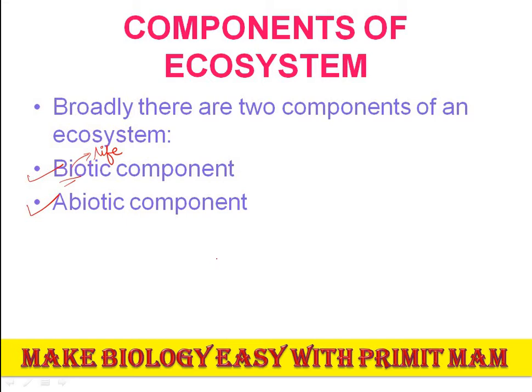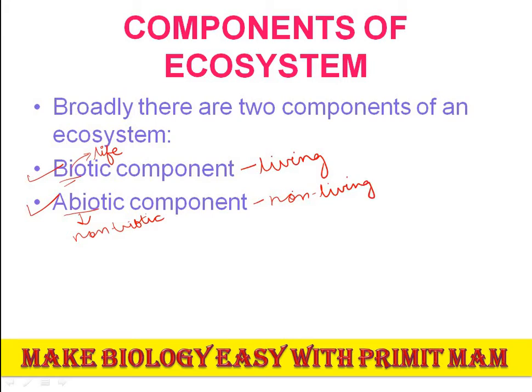So, living components are called biotic components. And abiotic means non-biotic. Non-biotic means it doesn't have life. So, the non-living components are called the abiotic components of an ecosystem.